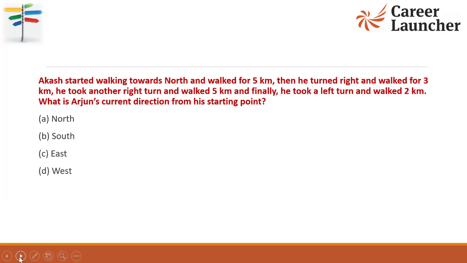Another question. Akash started walking towards north and walked 5 kilometers. Then he turned right, walked for 3 kilometers. He took another right turn and walked 5 kilometers. It's again taking a right turn that will take him down. And finally, he took a left turn and walked 2 kilometers.